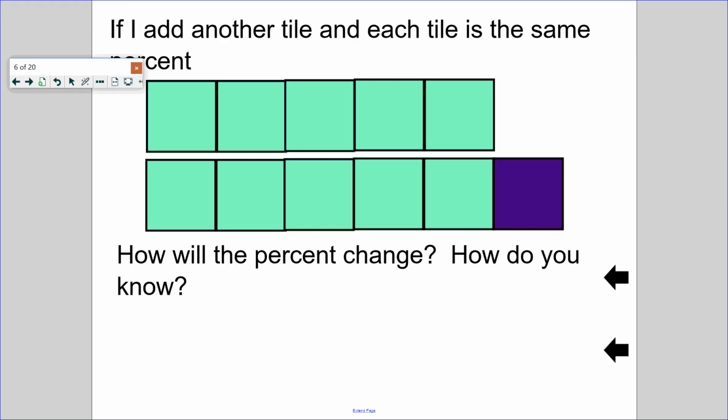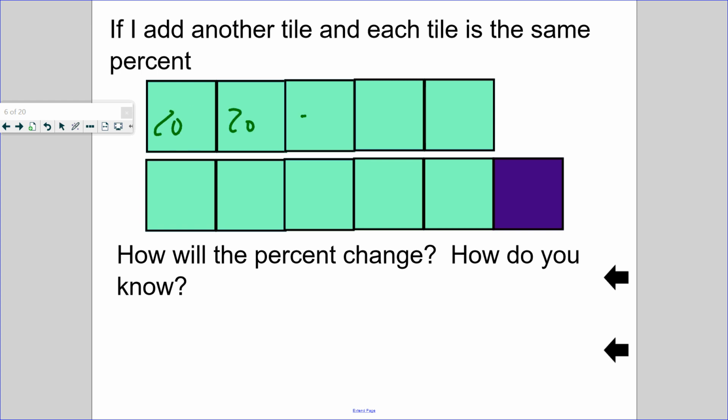If I add another tile and each tile is the same percent, which is 20%, how will the percent change? First of all, is it increasing or decreasing? Well, the size is increasing. It increased by 1 tile.